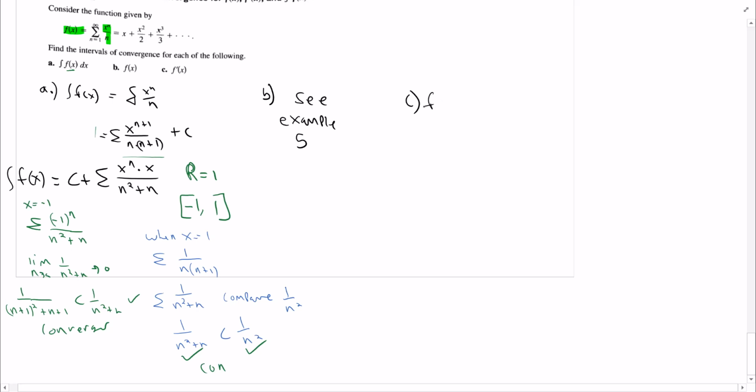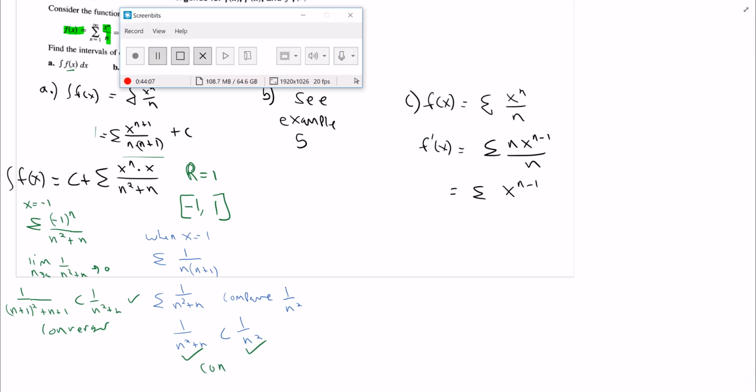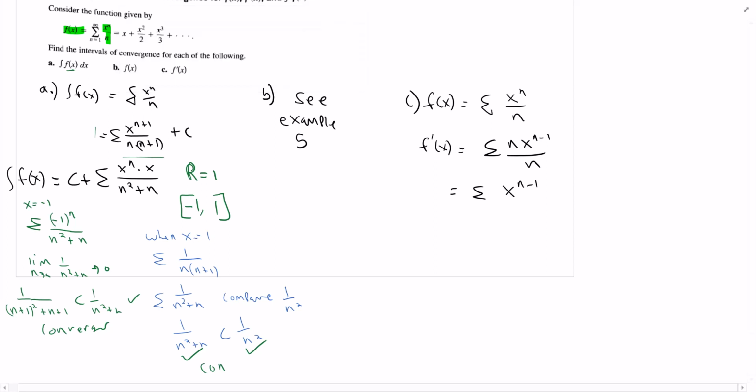So if f of x equals the sum of x to the n over n, then f prime of x is going to equal the sum of n x to the n minus 1 over n, and those n's will cancel. We'll just get x to the n minus 1, and we want to see if this converges or not, right?